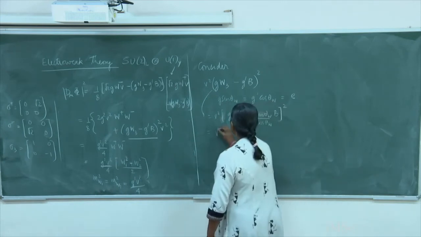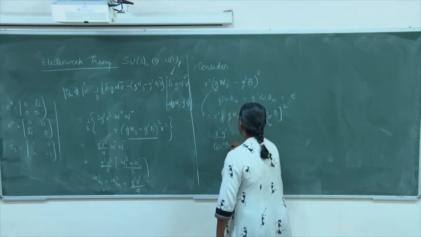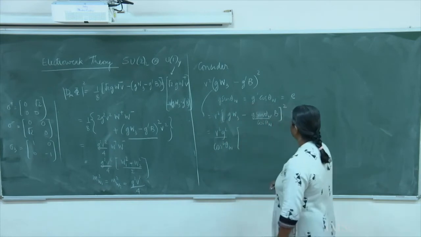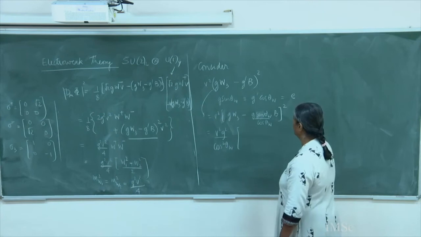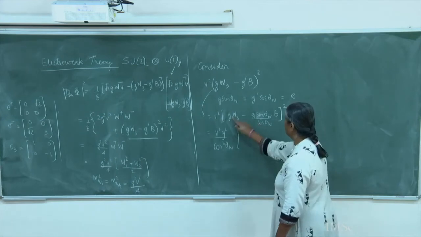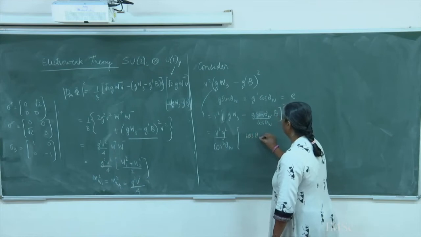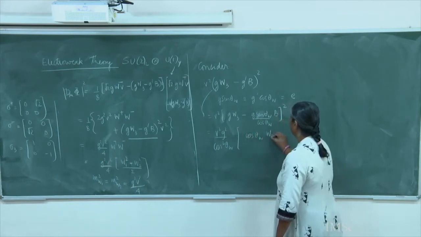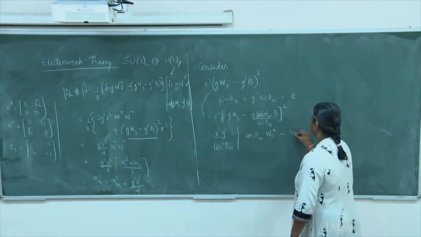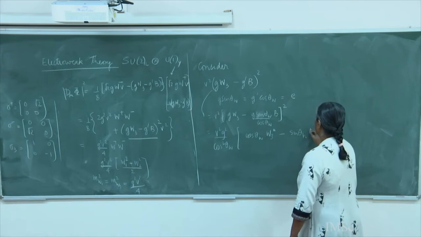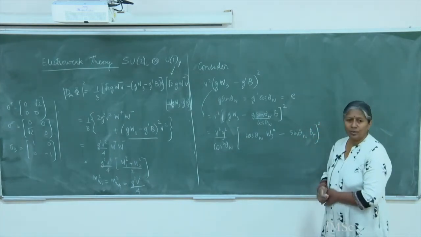So I am now going to take out G squared cos squared theta W. So G has been taken out as G squared, cos theta W has been taken out as cos squared theta W. So there is a cos theta W here. So I have cos theta W W3 mu minus sin theta W B mu squared. Does anybody remember what this is?